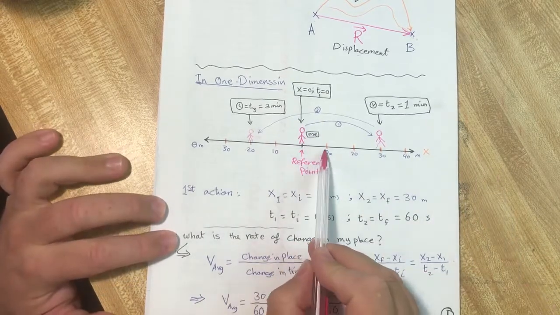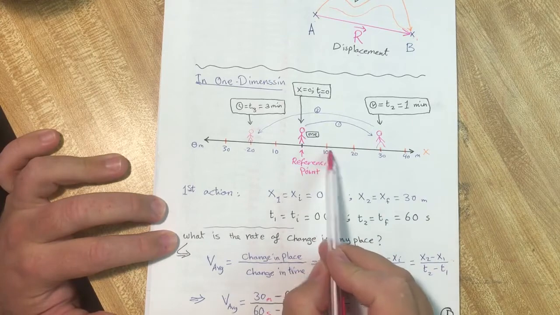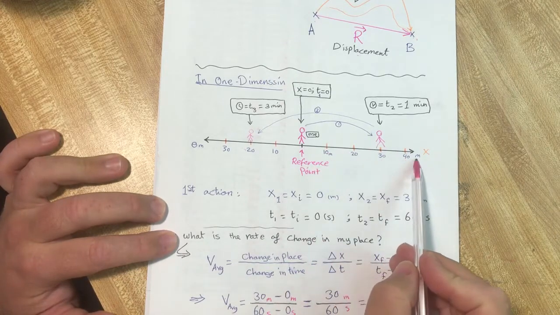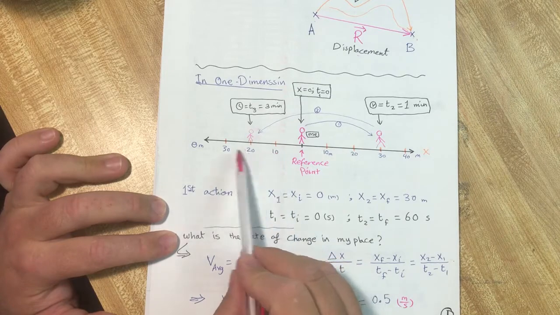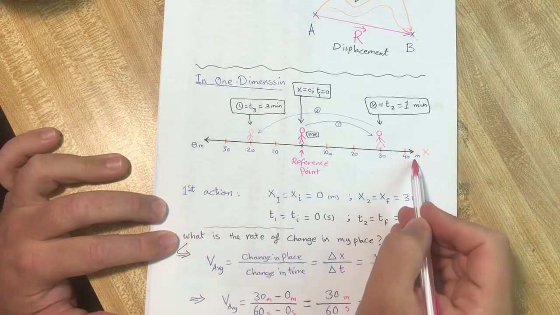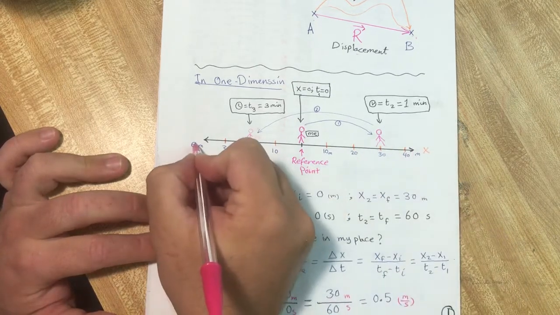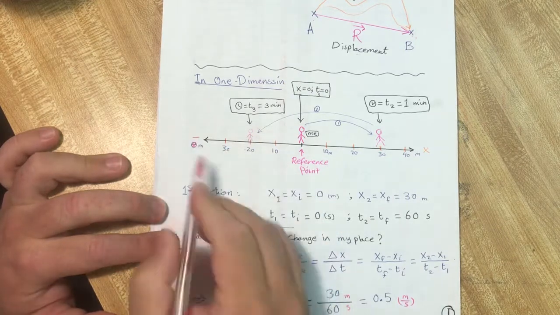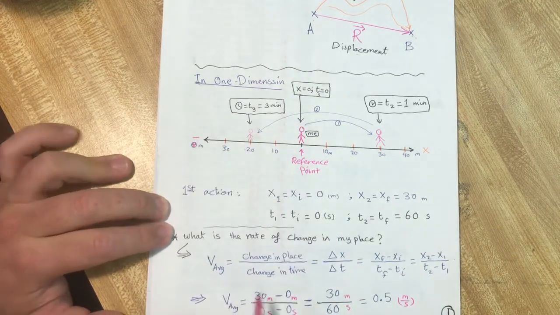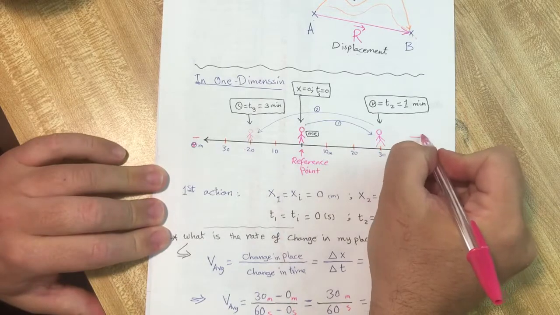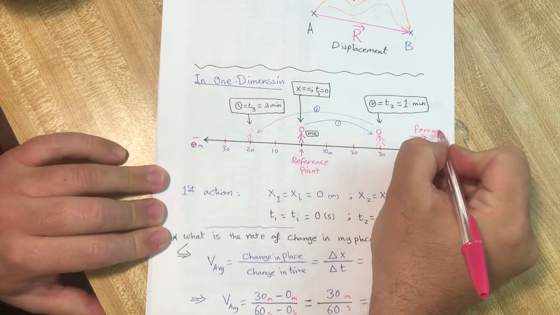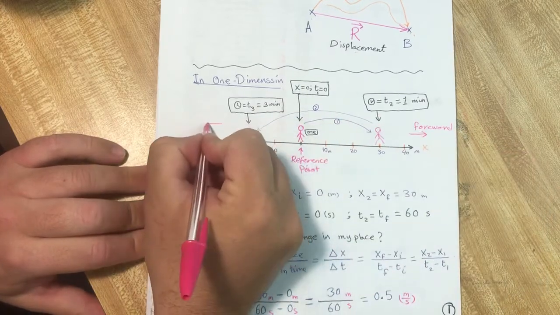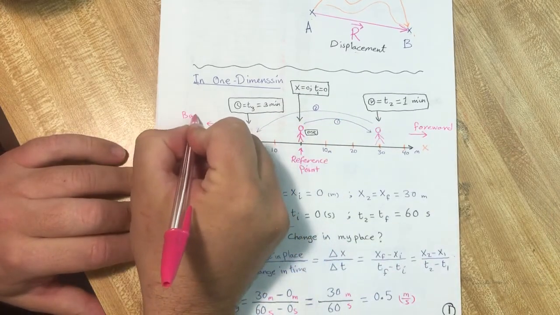So I take these steps as 10 meters, 20, 30, 40 meters. And this is also 10, 20, 30. This is in positive and this is in negative. This means that this direction is forward and this direction is backward.